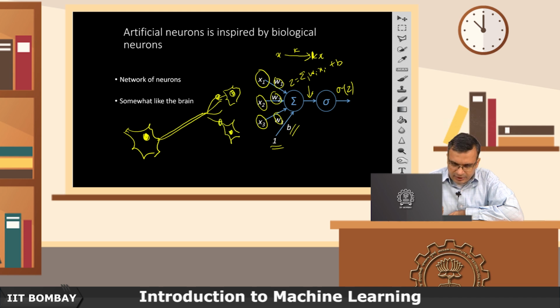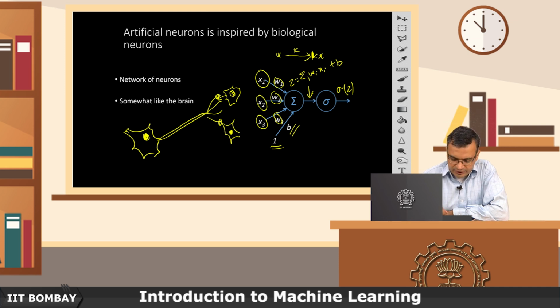and depending on the strength of the connection, whether it is positive or negative, we have inhibitory signals for negative and excitatory signals for positive, with different strengths of excitation and different strengths of inhibition.